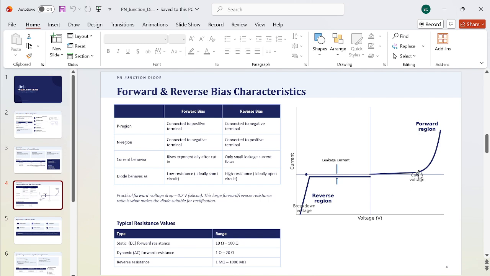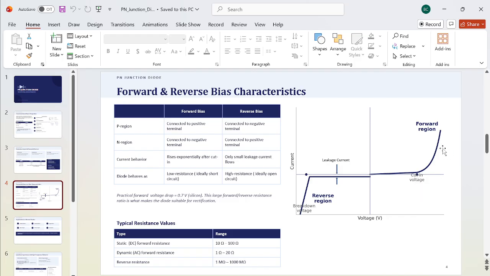Now here is the point that I must emphasize, is the cut-in voltage. This cut-in voltage is basically the minimum forward voltage at which the conduction is significant in case of forward biased PN junction. Now this is basically 0.25 or 0.3 volt for germanium devices and 0.7 volt for silicon devices.